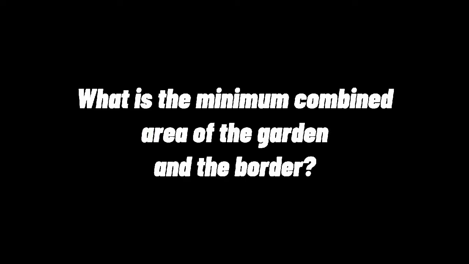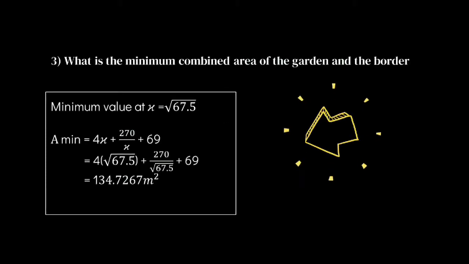Alright, we continue for question C. For question C, what is the minimum combined area of the garden and the border? Actually, we must refer to question B for the minimum value, which is what the question requires. So we use the minimum value, which is square root of 67.5.